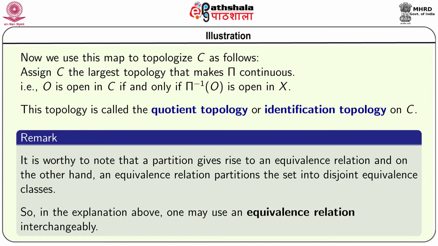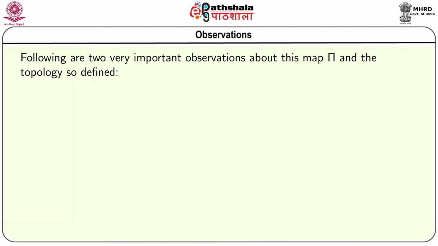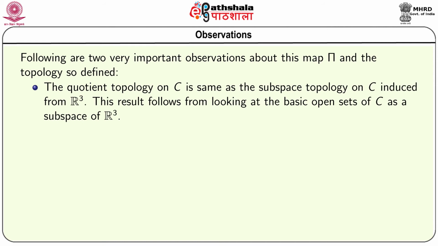So, in the explanation above, one may use an equivalence relation instead of a partition. Following are two very important observations about this map pi and the topology that we have already defined here.